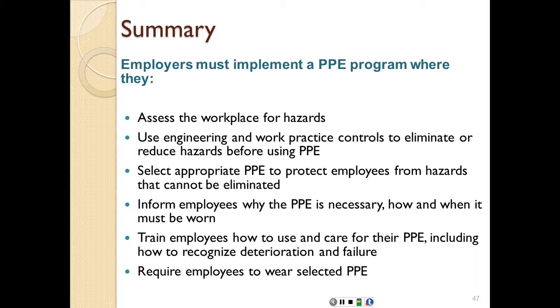And require employees to wear the selected PPE. The enforcement of the use of PPE on construction sites is of extreme importance. Make sure that everyone is wearing goggles or eye protection, and a hard hat if they're exposed to falling objects. If their feet are going to be exposed to hazardous material, then they have the proper footwear, and so on and so forth.